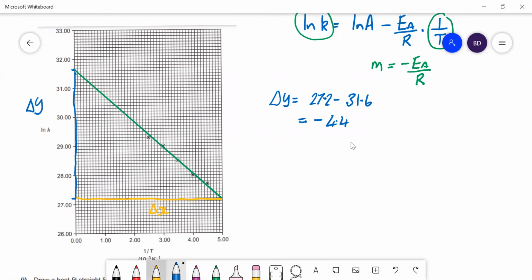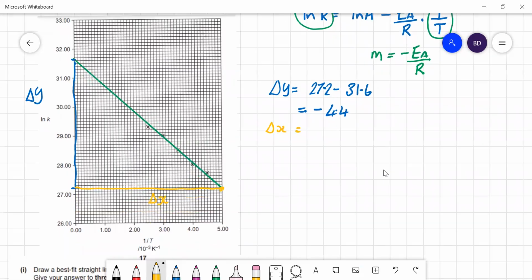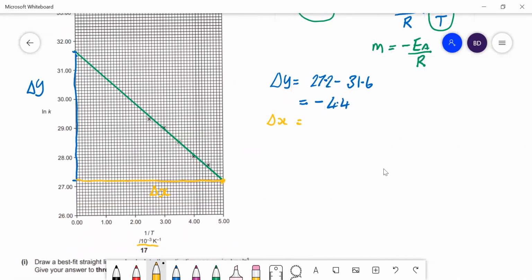Let's work out the change in X. It is equal to 5 times 10 to the minus 3. Don't forget your 10 to the minus 3 down there. 5 times 10 to the minus 3 minus, well, this here is 0. That's easy enough. So that's 5 times 10 to the minus 3.